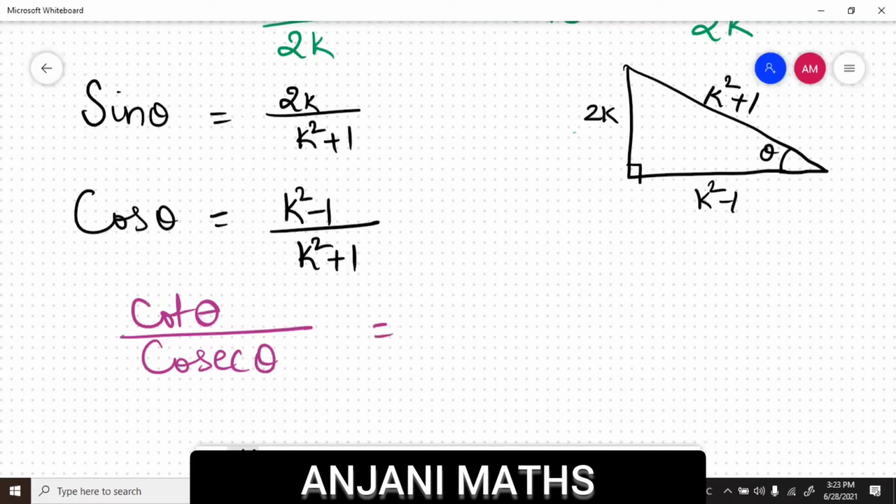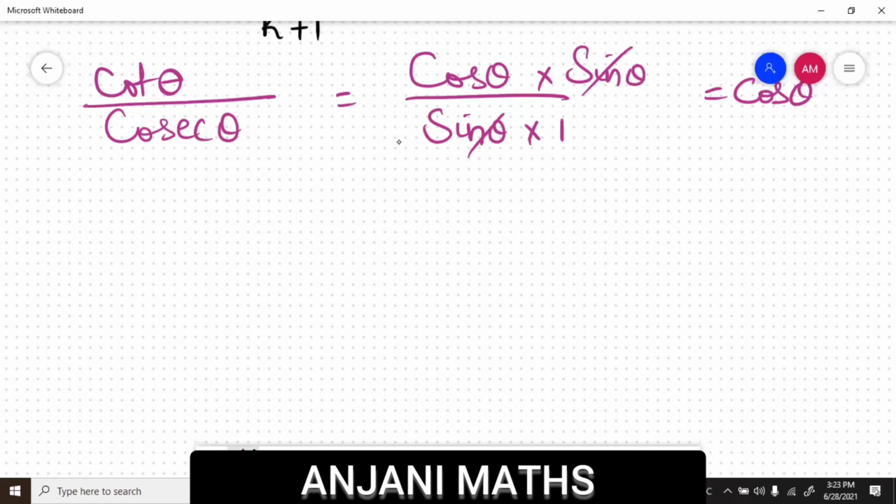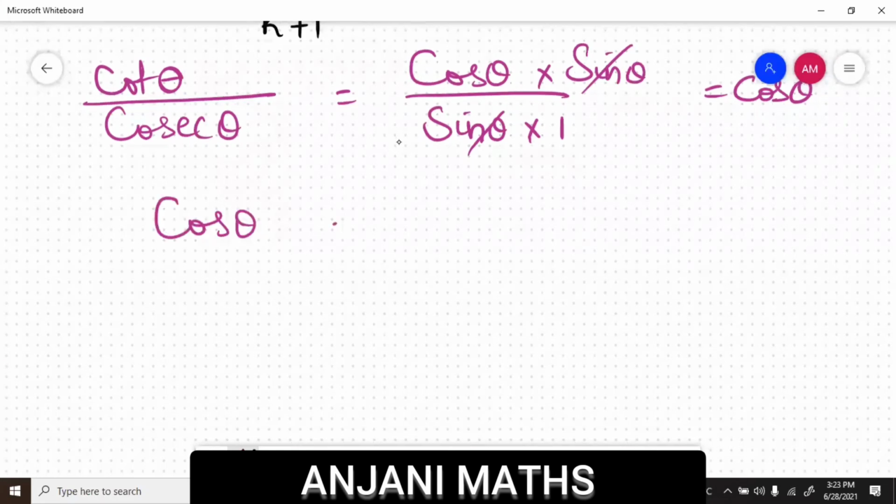What is cot theta? Cos theta by sin theta. What is cosecant theta? 1 by sin theta. Now sin theta gets cancelled, and we get cos theta. So cos theta is equal to cot theta by cosecant theta.